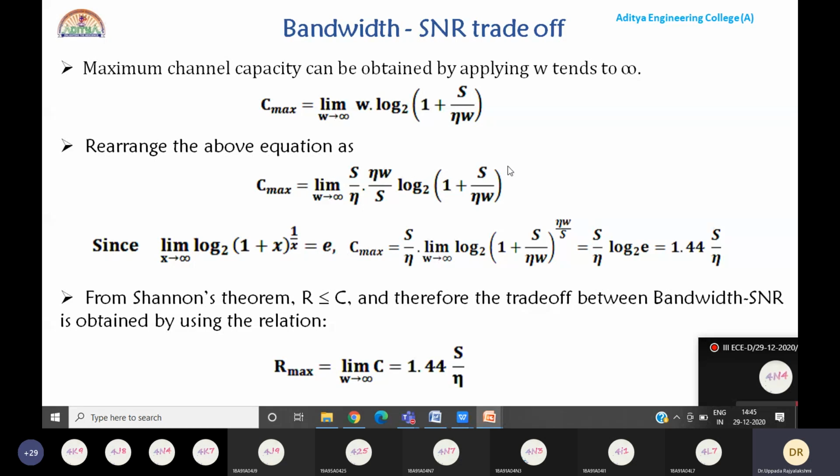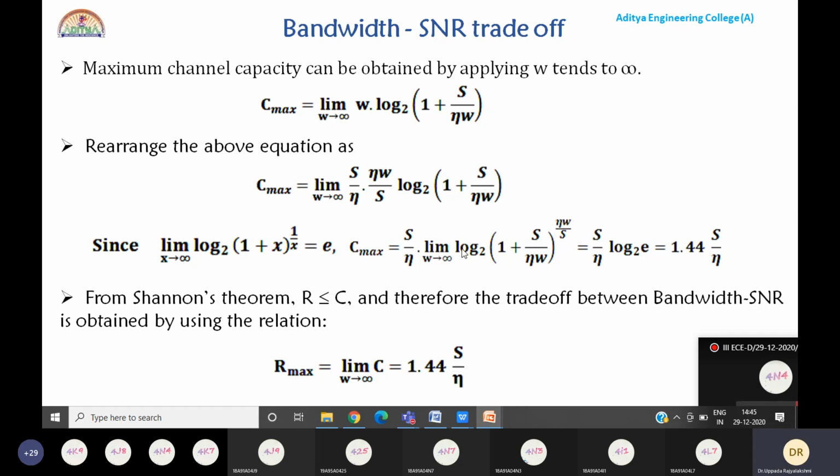So eta omega by s, you can take as power of the function available in the logarithm. Okay, so s by eta into limit omega tends to infinite log 1 plus s by eta omega, I took this eta omega by s into power. So I can write this eta omega by s as 1 by s by eta omega.